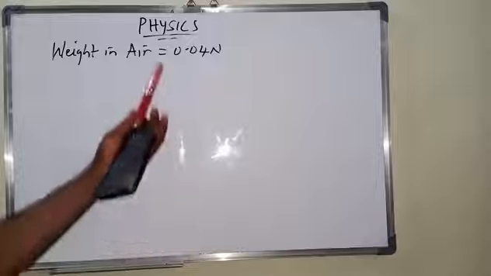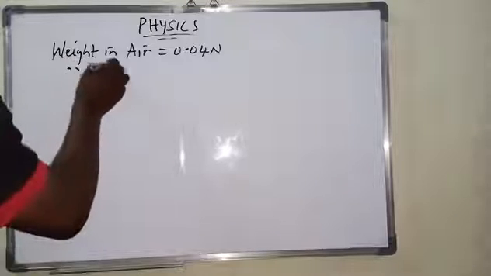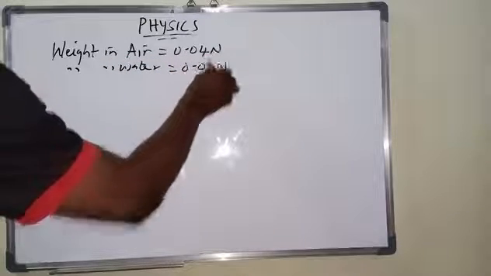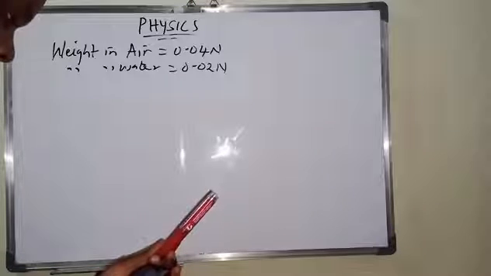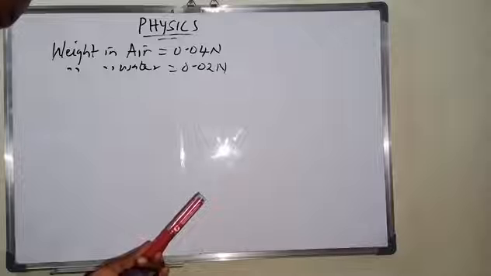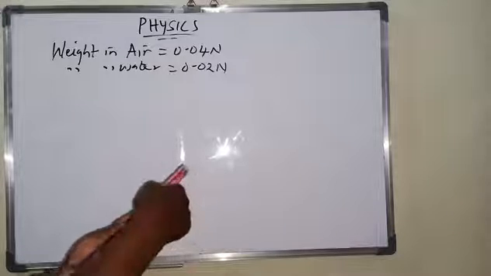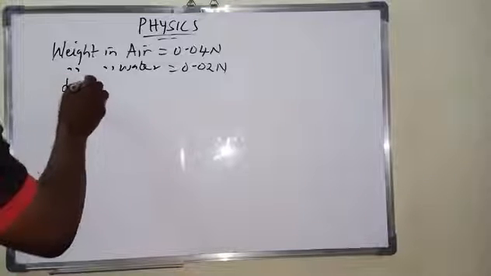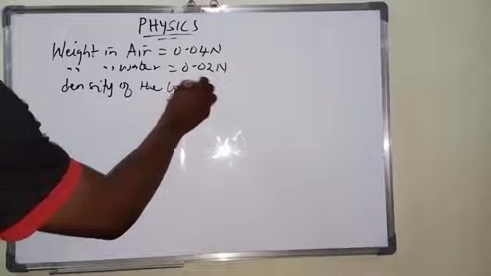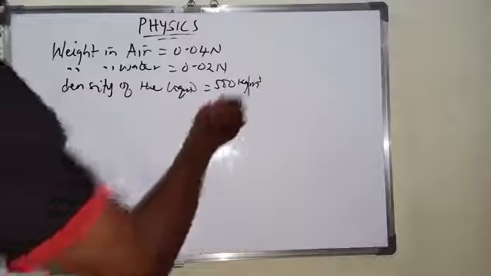So weight in air is 0.04 Newton, and then the weight when fully immersed in water is 0.02 Newton. Then the density of the liquid is 500 kilogram per meter cube, given.